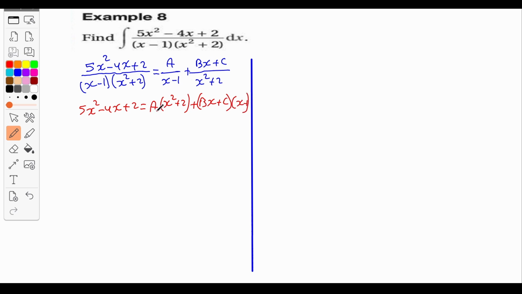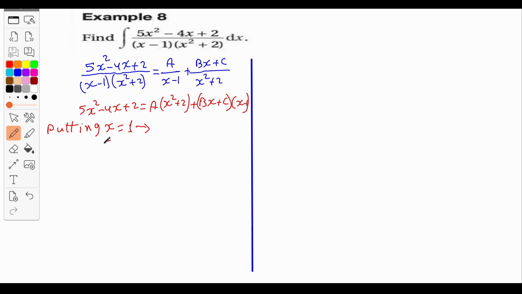Now we need to find the values of a, b, and c. We say putting x equals 1. Why? Because 1 minus 1 is 0. 0 times this quantity, so this full quantity will be 0. Once you do this, you will find the value of a. So just putting x equals 1, let's plug in here 1. So 5 times 1 squared is 5.